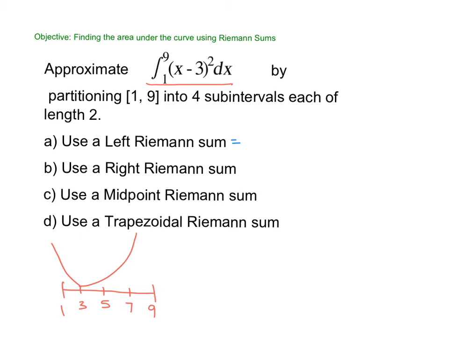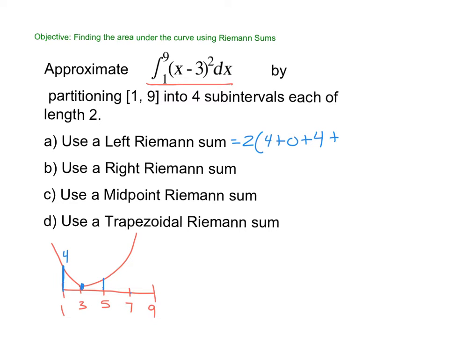So for my left Riemann sum, my width is 2, right? And then from the left, if you didn't pause, make sure you pause and do these on your own. So from the left, if I plug in 1 into that equation, what do I get? I get 4. If I plug in 3, I get 0. I plug in 5, I get 4.